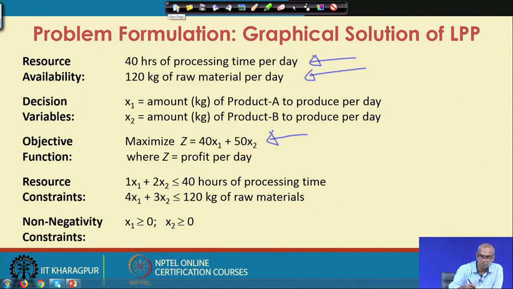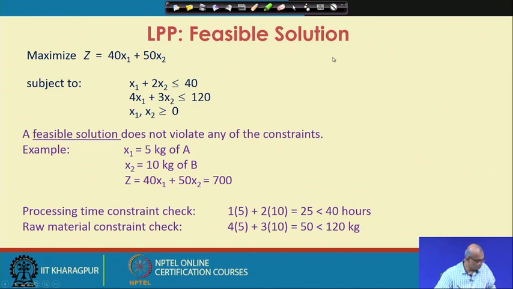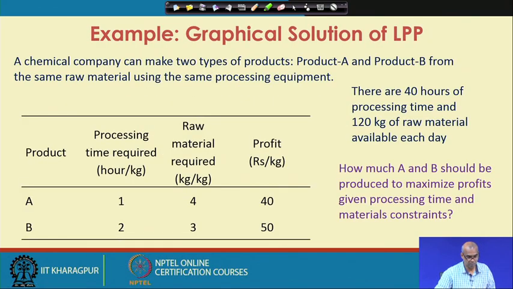Now, look at the table one more time. 1 kg of product A requires 1 hour of processing time and 1 kg of product B requires 2 hours of processing time.